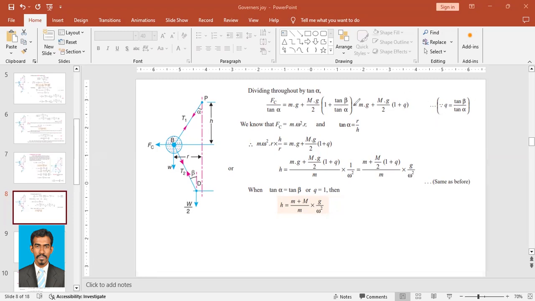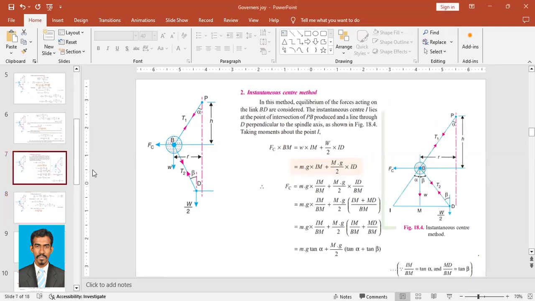If you remember, this is the same equation we obtained while resolving it in the force method. We know that Fc is equal to mr omega square, the centrifugal force, and tan alpha is equal to r upon h. From the diagram, you can see tan alpha is equal to r opposite upon h adjacent.